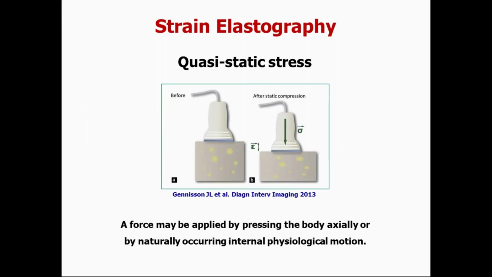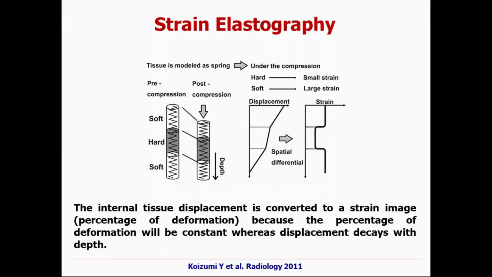Strain elastography is a quasi-static method. Force is applied by pressing the body with the probe axially, or using the motion of a structure that naturally moves inside the body.